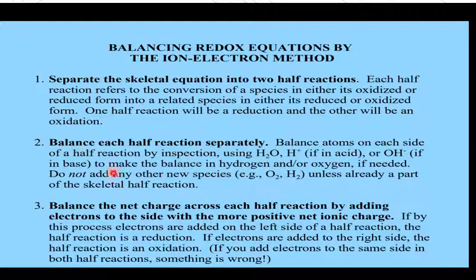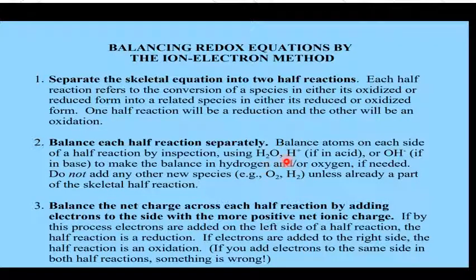Okay, and the second step, after recognizing which species is getting oxidized and which species is getting reduced, you are supposed to balance it. तो आपको क्या करना है, balance the atoms on each side of a half reaction by inspection using H2O water.